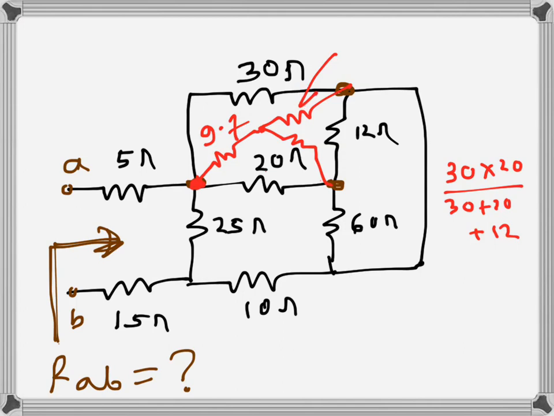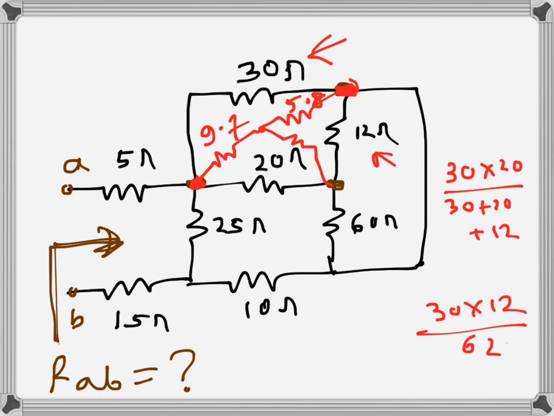The two delta resistances connected to this node are 30 ohms and 12 ohms. So 30 times 12 divided by the sum of the three resistances, again 62, and the value we get is 5.8. I will write 5.8 like that.